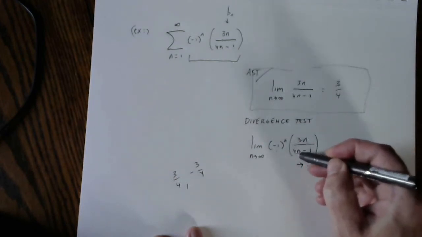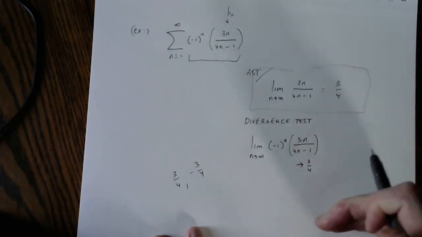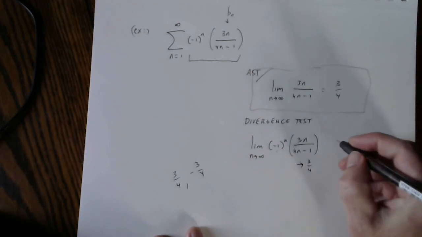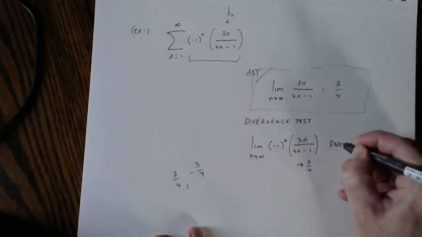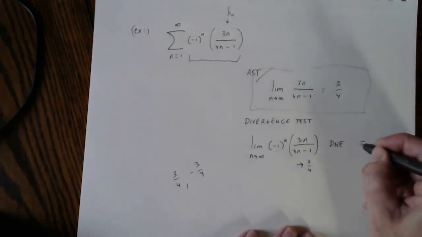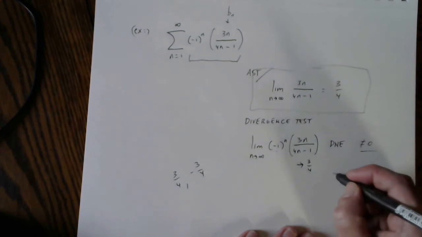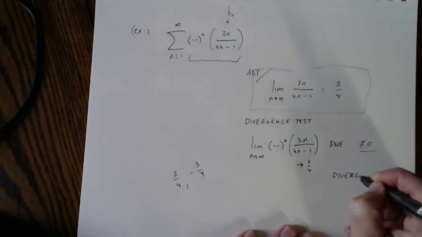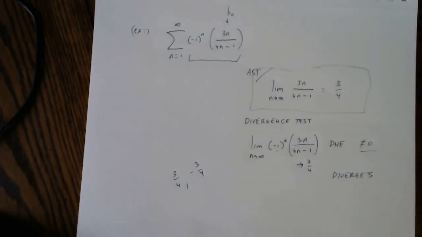This is going to 3/4, and this is flip-flopping that sign. So this limit doesn't exist. Well, if it doesn't exist, it certainly doesn't equal 0. So this diverges.